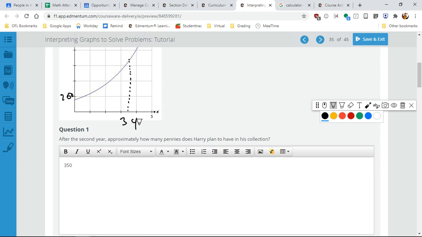So if this is 200, 400, he is very, very far below his goal. So this is 600, 800. So he should be at like 700. Sorry for my terrible writing, guys. He should be at about 300.